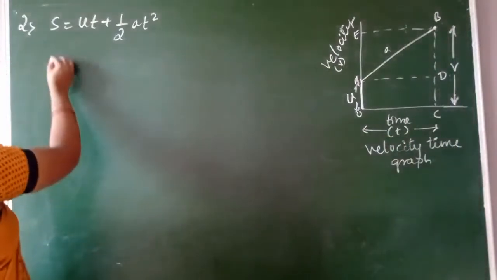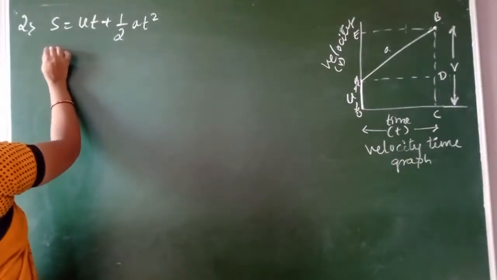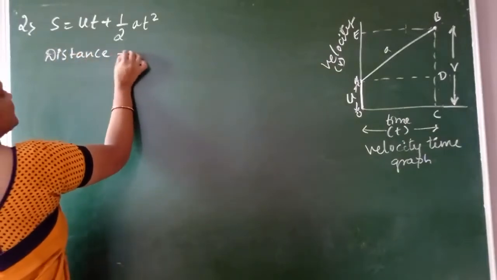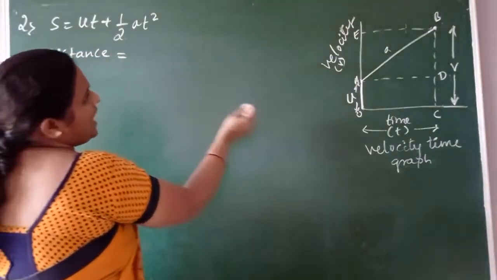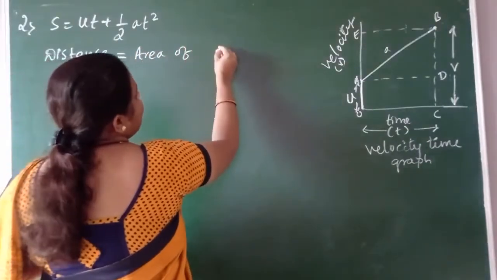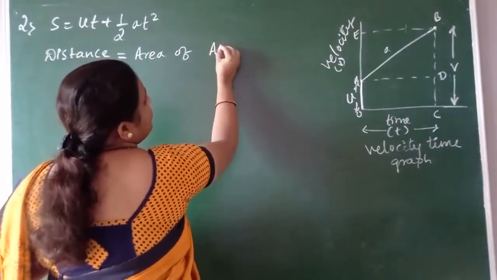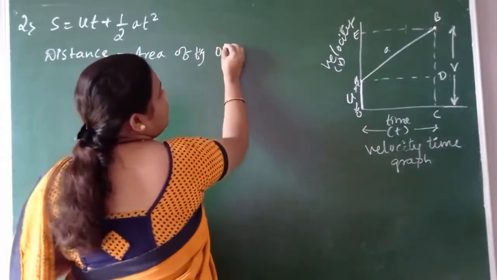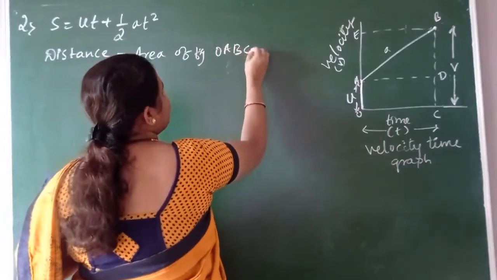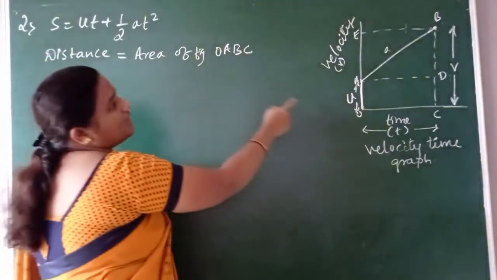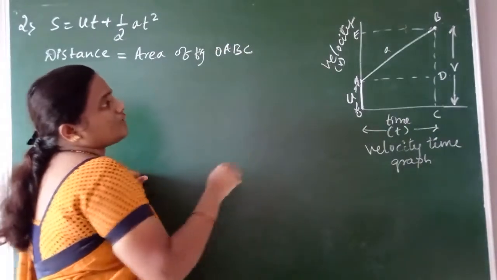Distance is always represented with S. So distance is equal to the area of figure OABC.